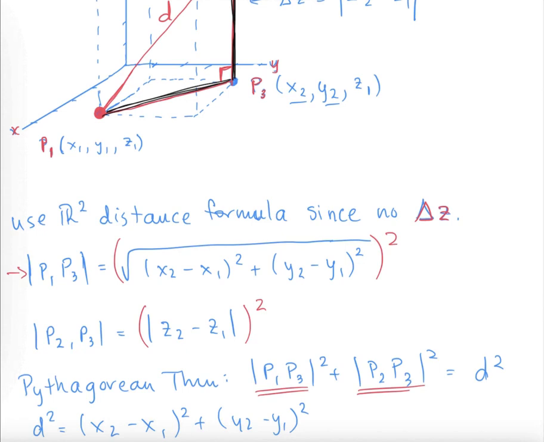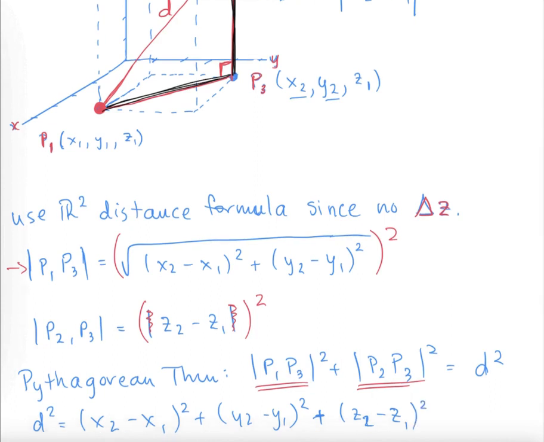And when we square this difference, we no longer need these absolute value bars. Now we can just look at z2 minus z1, because whether that's positive or negative, when we square it, we get a positive quantity. So now we're just going to say z2 minus z1 quantity squared. And then to solve for this distance, we just take the square root of both sides.